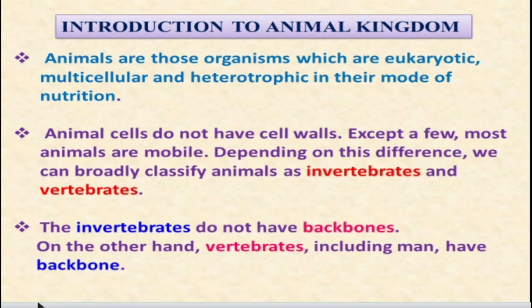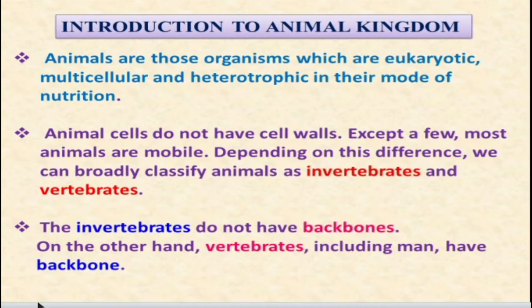Invertebrates means they do not have backbones. The spinal cord or vertebral column is absent in the animal, so we call it invertebrates. On the other hand, vertebrates including man have a backbone or vertebral column or spinal cord.